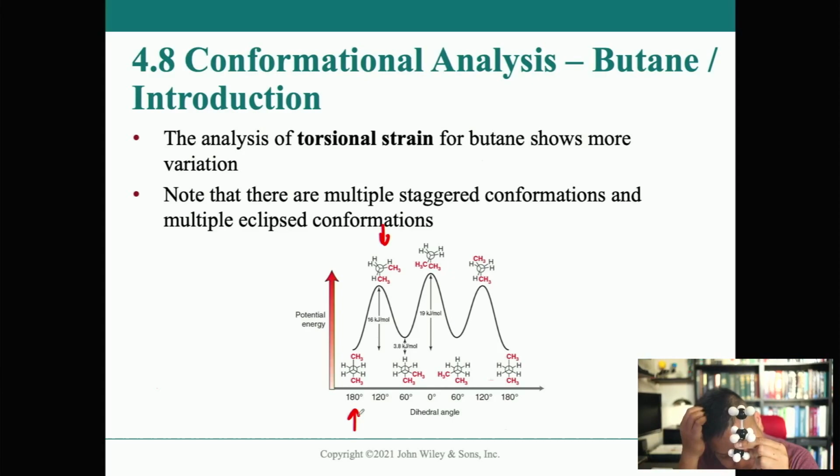And as the single bond rotates and the methyl groups get closer to each other, like it does right here in the second structure, that's a 16 kilojoule energy cost right there. Okay, 16 kilojoule energy cost.